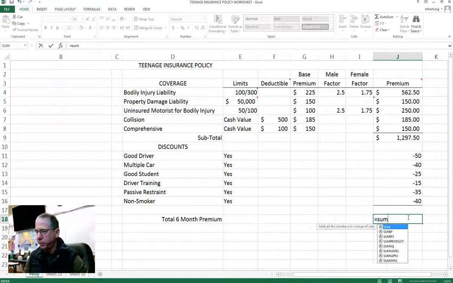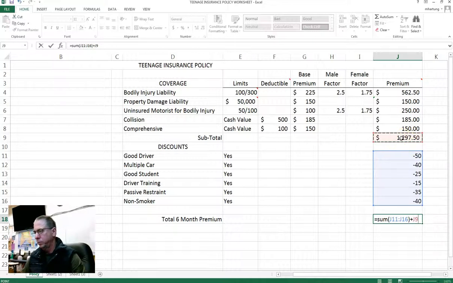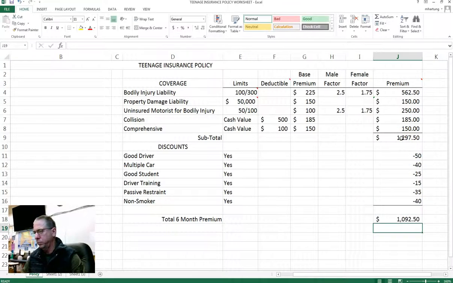Equals the sum of all those discounts plus the subtotal. Now, keep in mind, because we put negative numbers in there, we can add those and still get the right sum that we are looking for.